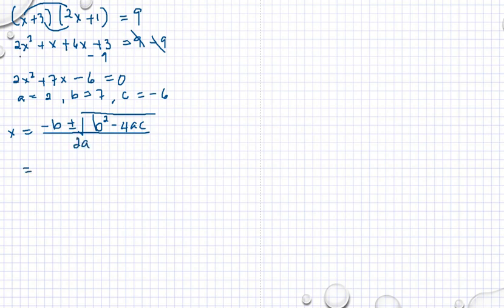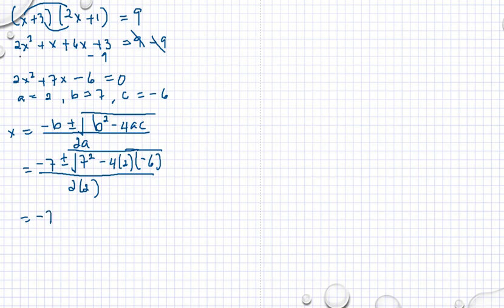Then we have b is negative 7 plus minus the square root of 7 squared minus 4 times 2, a is 2, times negative 6, c is negative 6, divided by 2 times 2.